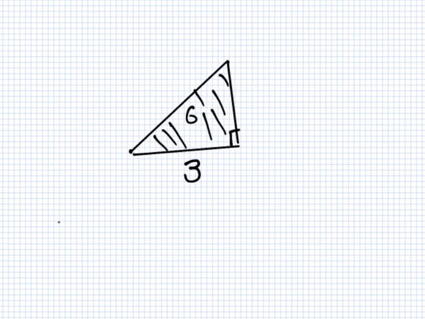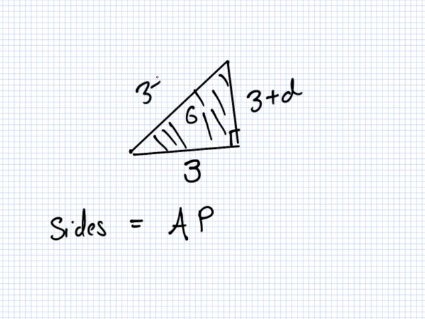And I'll also tell you that the sides are in arithmetic progression, AP. So this is 3 plus D, and this is 3 plus 2D. And I want you to find the other sides. So I want to know what is this and what is this. Yes, it's like that. And you have to do it. You can't guess the answer.